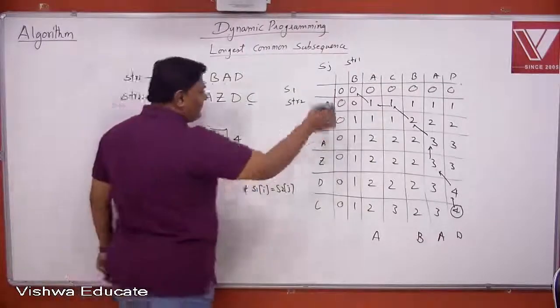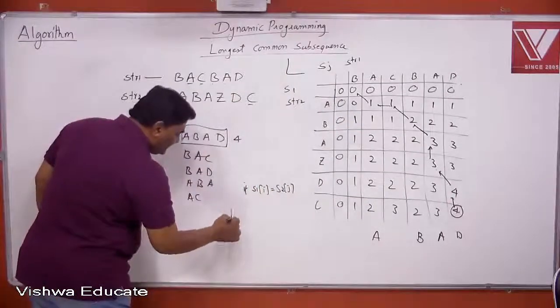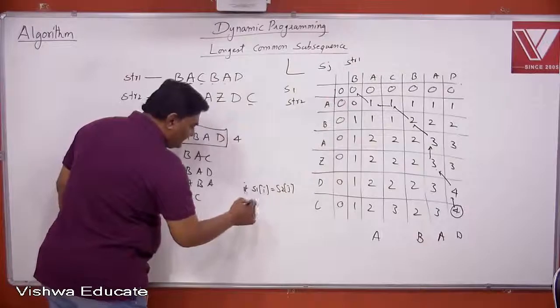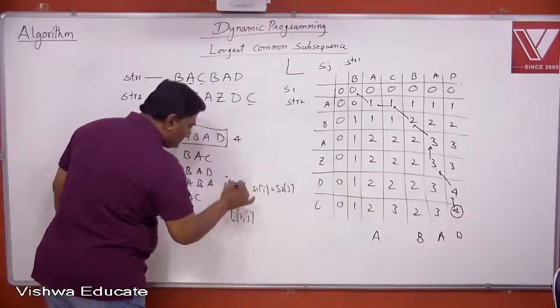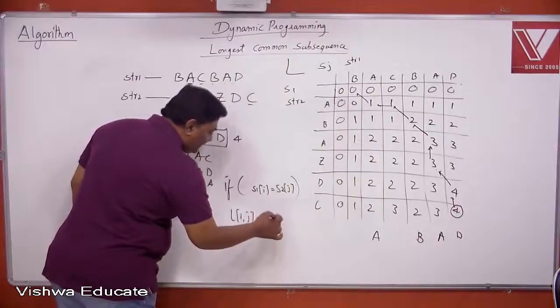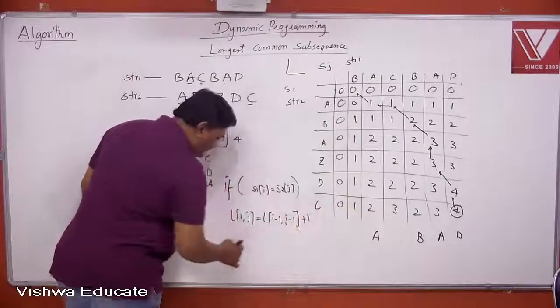Then let us call this whole table as L. So in L of i, j, if they are equal, then here we have to take L of i minus 1, j minus 1, plus 1.